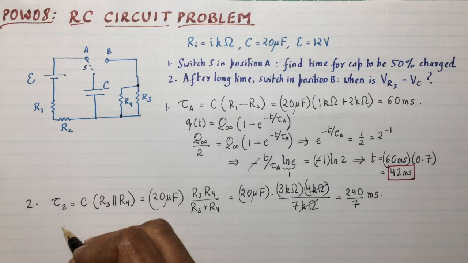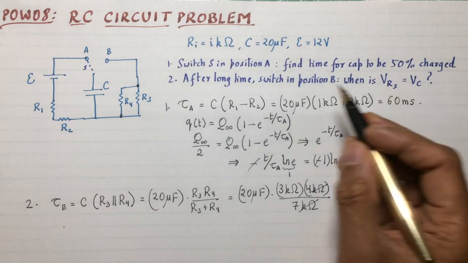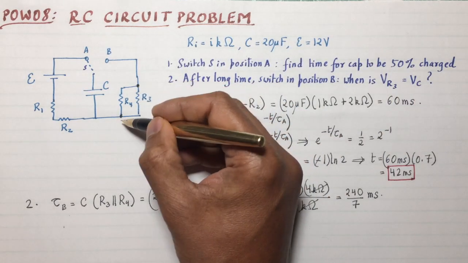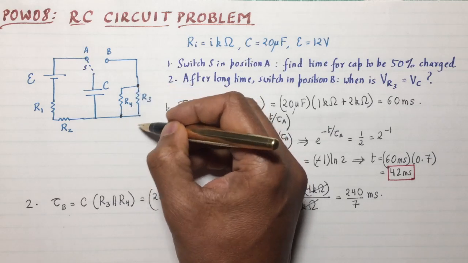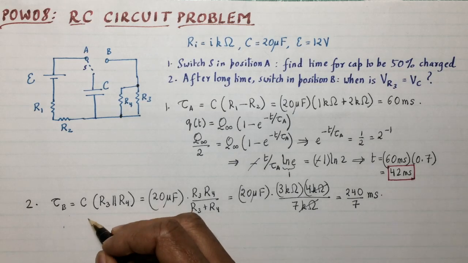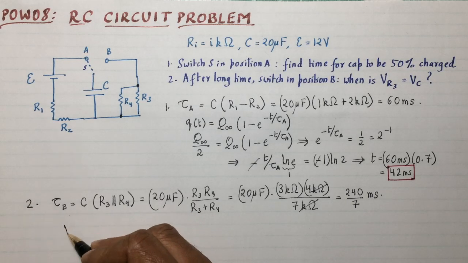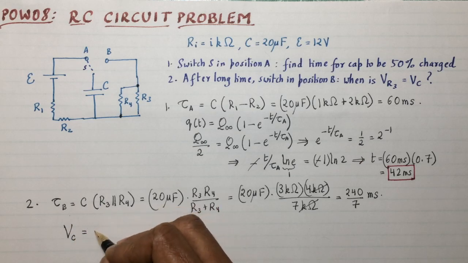Okay, now let's figure out when the voltages are going to be equal. The voltage across R3, incidentally, is the same as the voltage across the entire resistance combo, because the voltage across R3 and R4 are identical. So what we need to do is find the voltage across the capacitor and set it equal to the voltage across any one of the resistors.